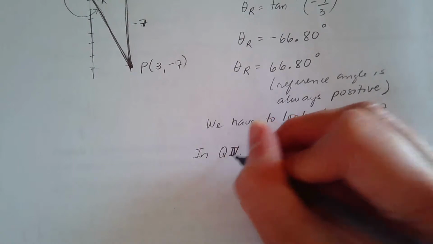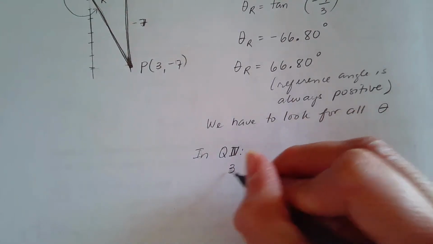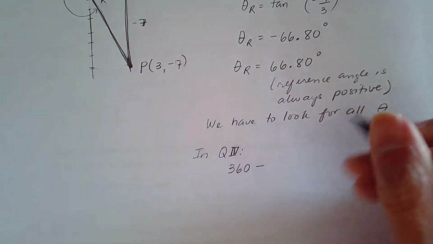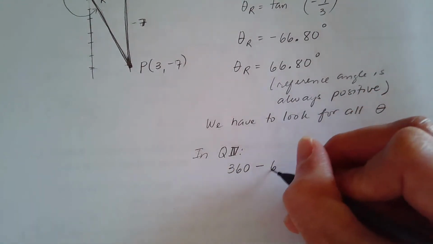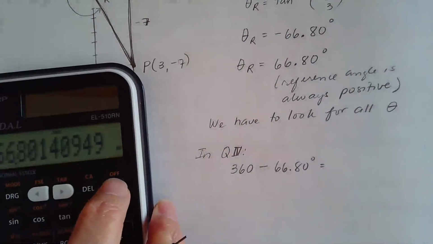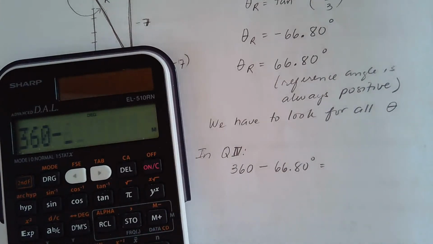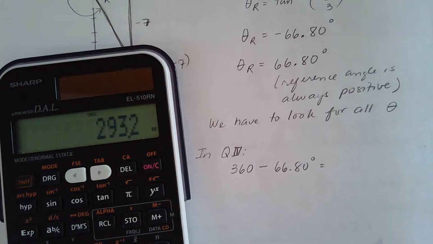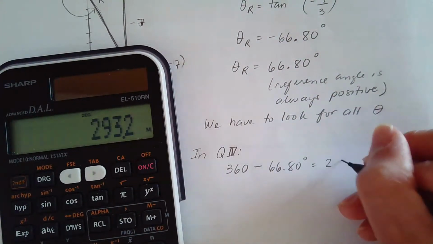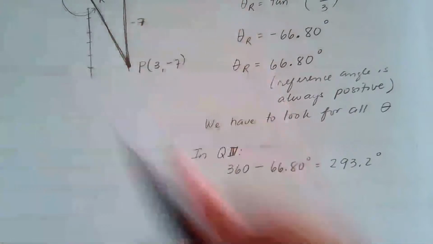Rotating it once, it's going to be 360 minus 66.80 degrees. So 360 minus 66.80 degrees is going to give us 293.2 degrees. So that's the first turn.